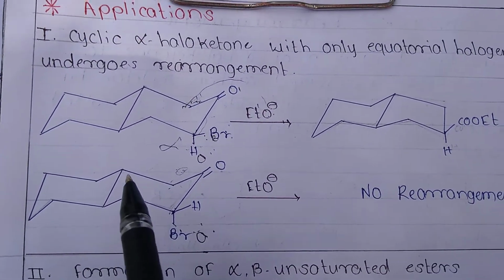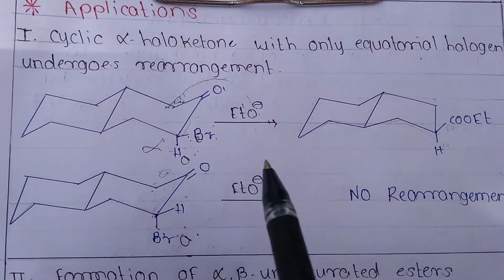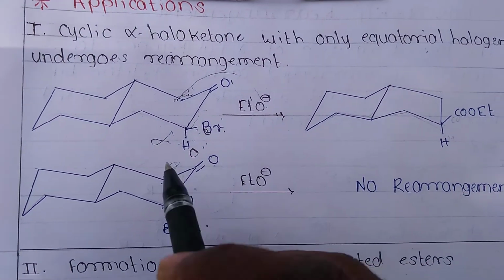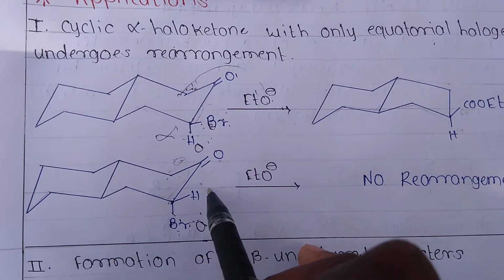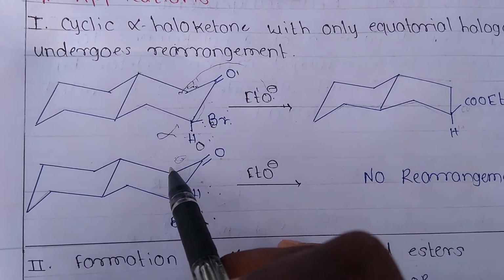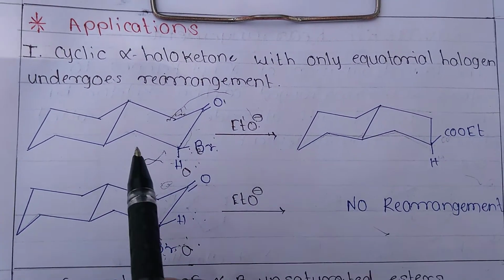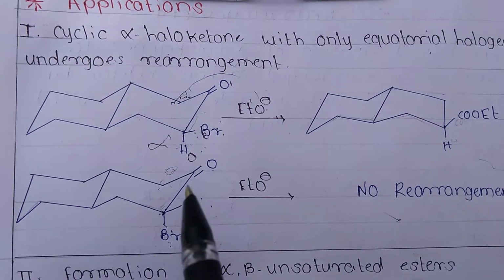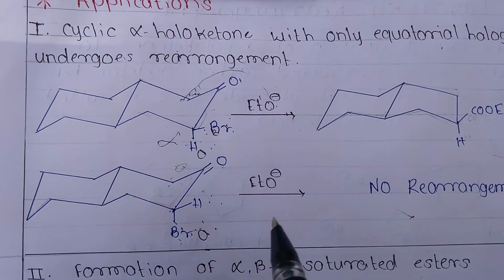But a cyclic alpha haloketone with axial halogen does not undergo that rearrangement. That means here we can see, here it is the axial position, this is the equatorial position. Here no rearrangement takes place. Here the axial halogen does not undergo backside attack.